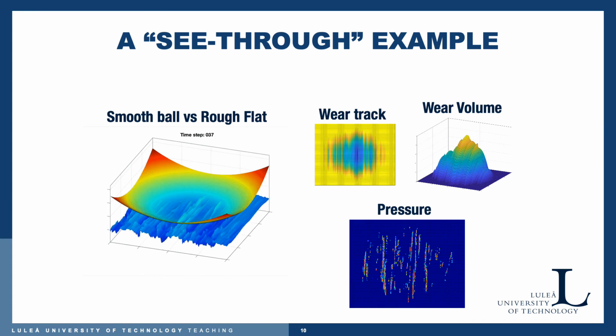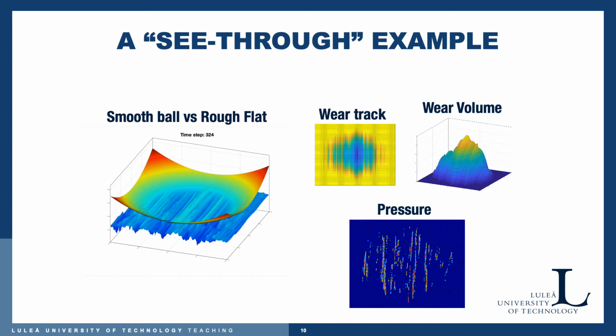We can have a look through a smooth ball on the flat and see what happens when this rough abrasive flat actually wears the smooth spherically shaped surface. It's seen here, of course, on the left, and then after a while, if we stop, we can observe the wear track on the ball, which we see here.